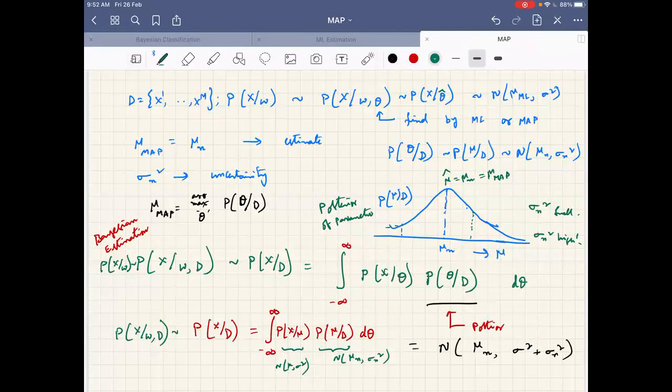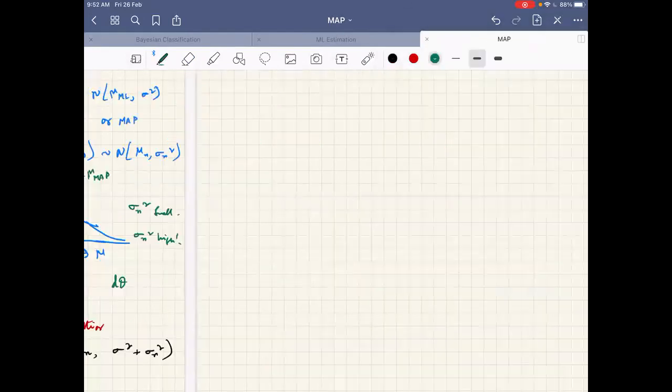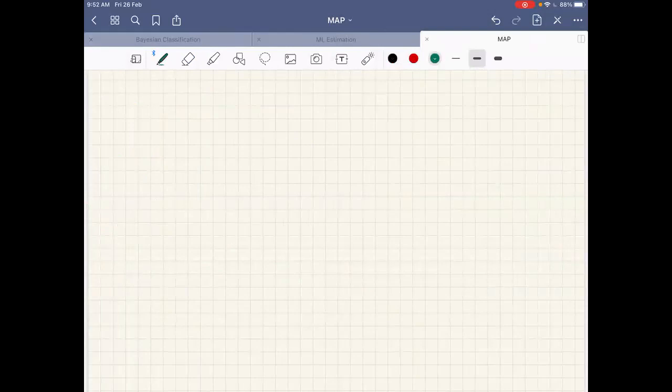So what essentially we are doing, I will summarize in the next slide. If I give you some samples, say D, samples X1 up to Xm, my aim is to estimate the likelihood P of X given omega.